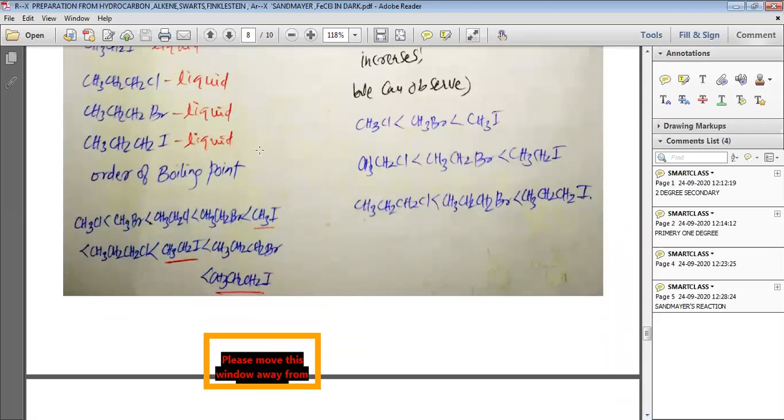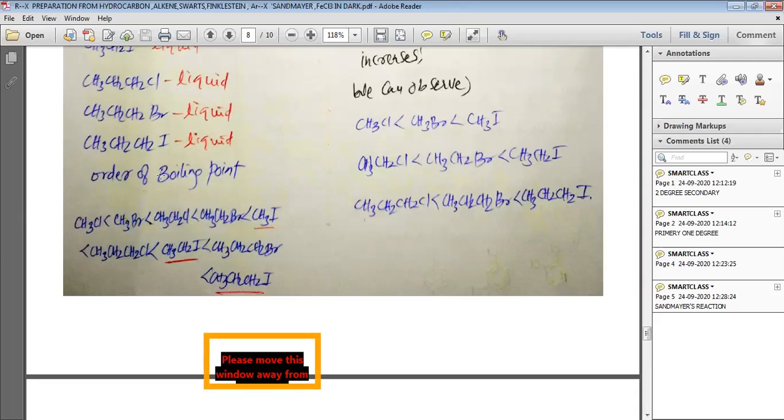Even on the basis of the physical state, we can write the order of the boiling point. So the order of the boiling point would be CH3Cl less than CH3Br, CH3Br less than CH3CH2Cl. These three are gases. Then CH3CH2Br, then CH3I, then CH3CH2CH2Cl, then CH3CH2I, then CH3CH2CH2Br, and then CH3CH2CH2I.